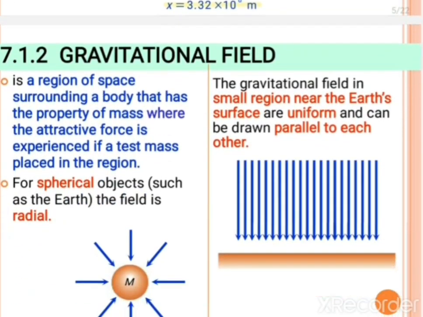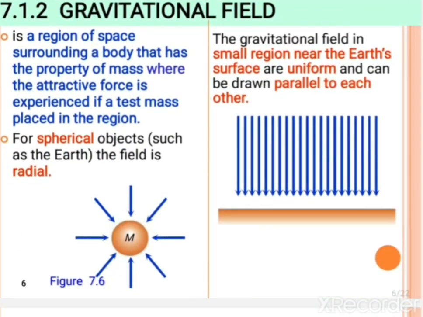We go to the next subtopic, 7.1.2, which is about gravitational field. A gravitational field is a region of space surrounding a body that has the property of mass, where an attractive force is experienced if a test mass is placed in the region. For spherical objects such as the Earth, the field is radial.